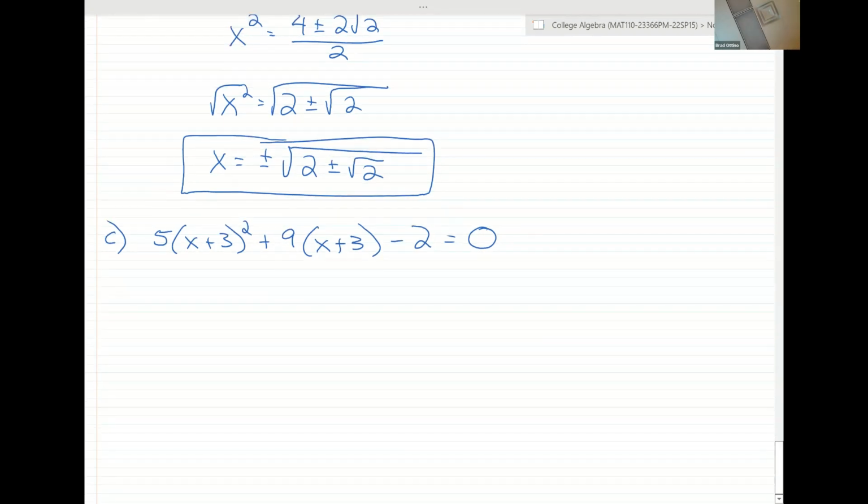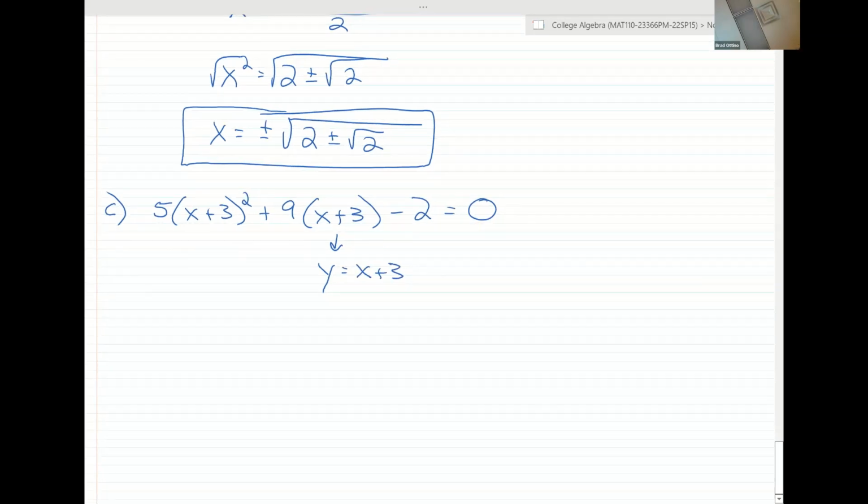Kind of like what we just did, but let's let this be y. So let x plus 3 be y. And it turns into an easy problem. This is just 5y squared plus 9y minus 2 is equal to 0.